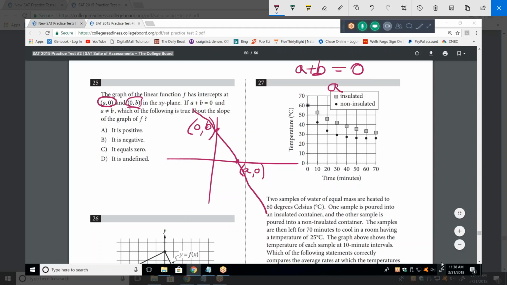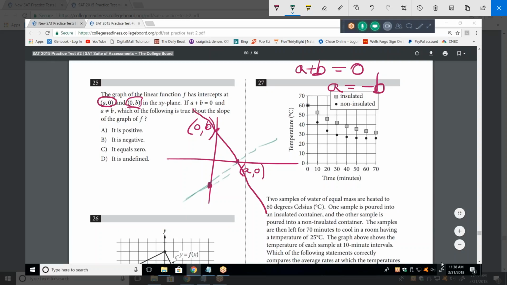That means A equals minus B. Well, the way I've drawn it, A kind of equals B, right? So for A to equal minus B, that's where I should have drawn it. And I would have a line like that.